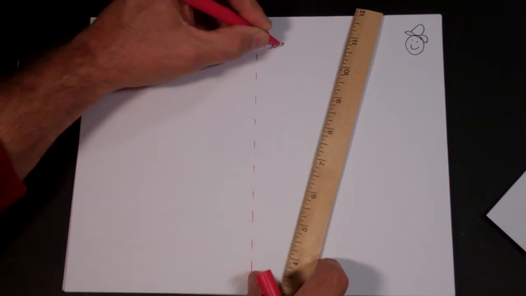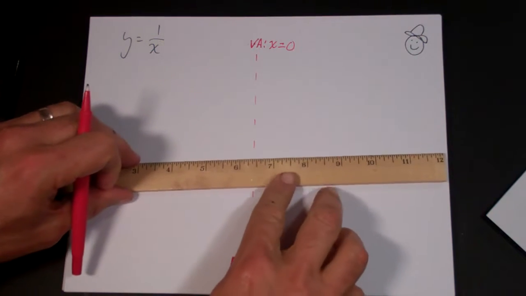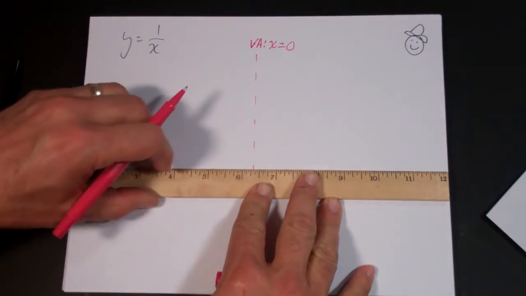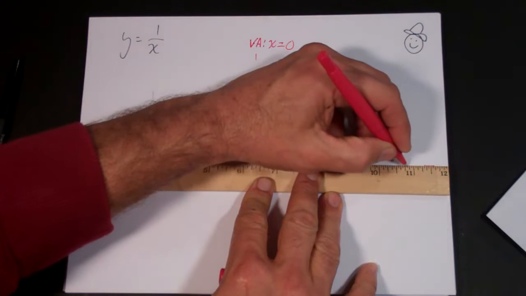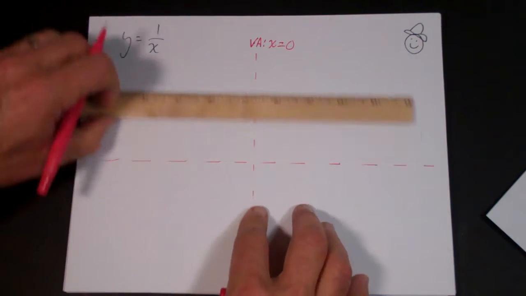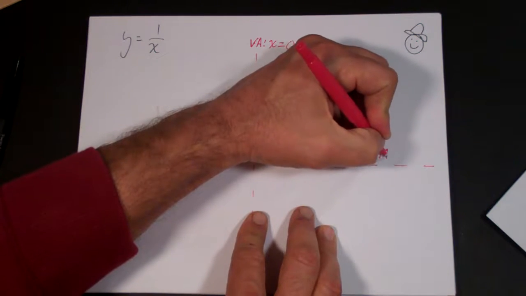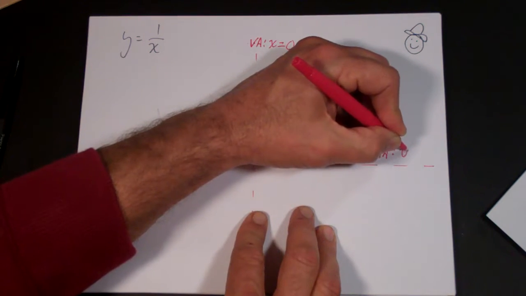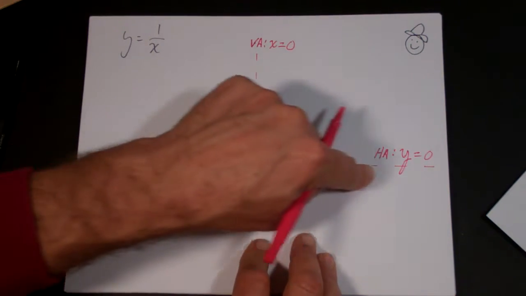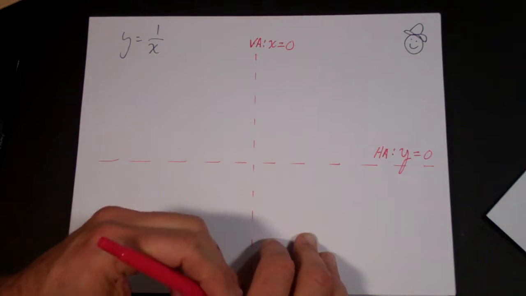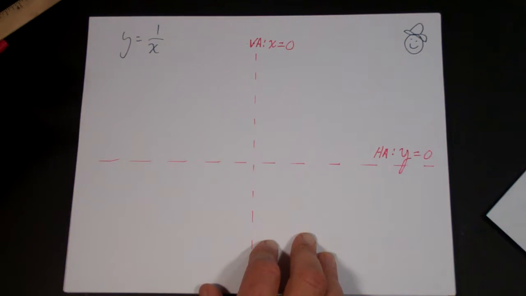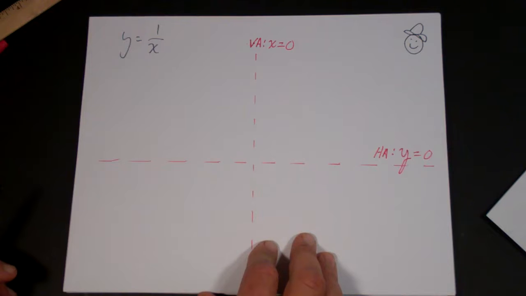And you're going to have a horizontal asymptote. I made a mistake. The vertical asymptote is x equals 0. The horizontal asymptote is y equals 0. Now, usually you won't necessarily see that because they'll be on the xy axes. But that's all right. We're going to draw it this way.